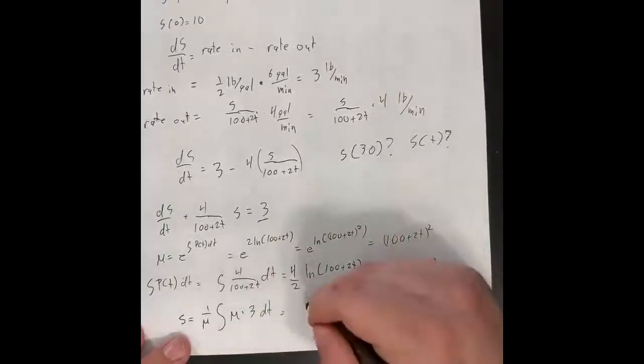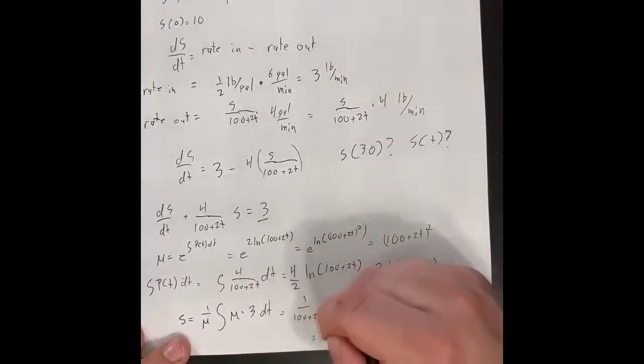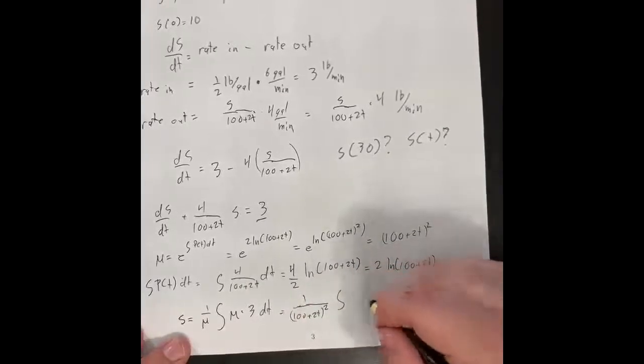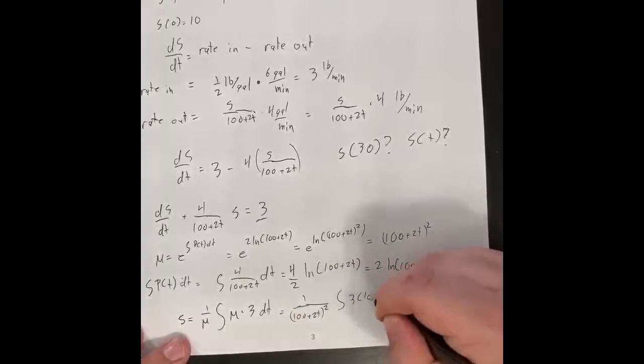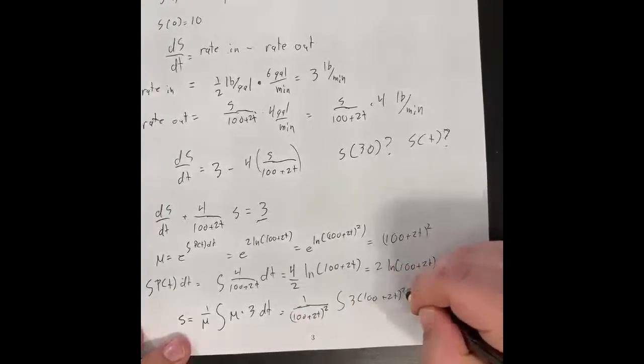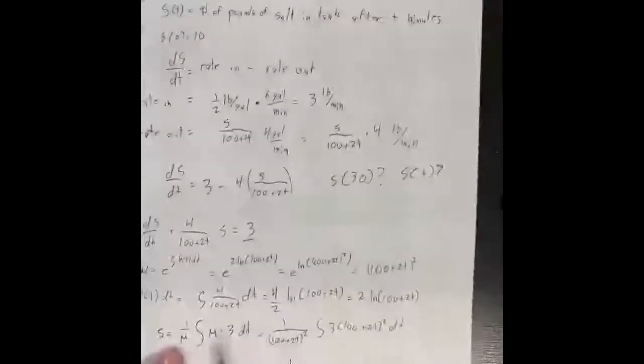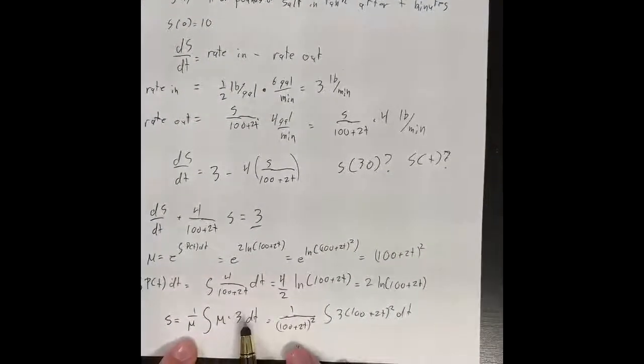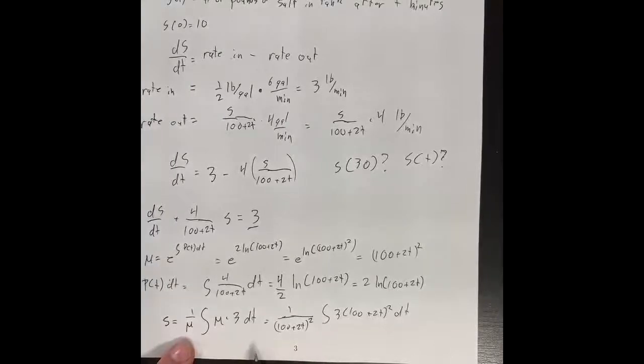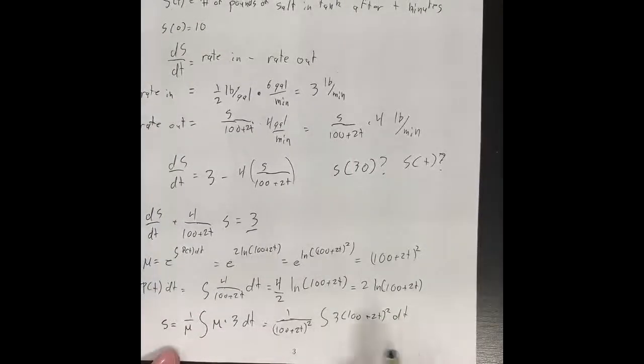So that's 1 over 100 plus 2t squared, times the antiderivative of 3 times that. That formula comes from our section on linear differential equations. Now we just need to do this antiderivative.